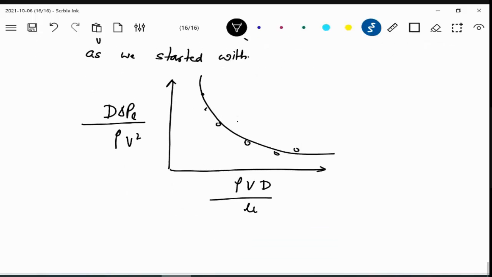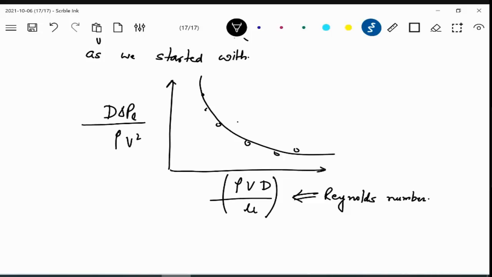Now this term rho V D by nu, what is this term called? Anyone having an idea? Reynolds number. Good. So this term is called Reynolds number. And that's why Reynolds number is important. It is coming from analysis. It's not an arbitrary assumed number.